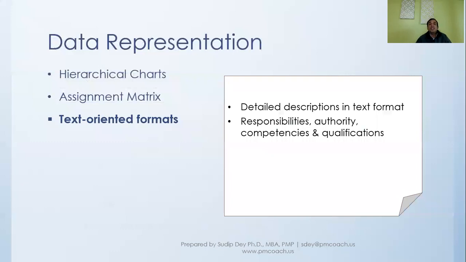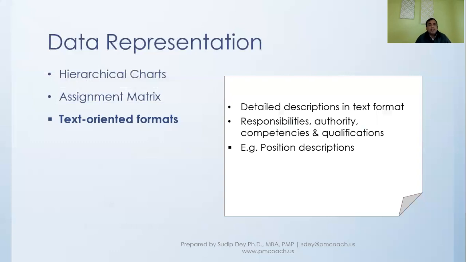You put things in detailed description because these are things you cannot put in the assignment matrix or the hierarchical chart, and there is more information that needs to supplement the assignment matrix and hierarchical chart, and that can be done with the text-oriented format. For example, position descriptions and so on.